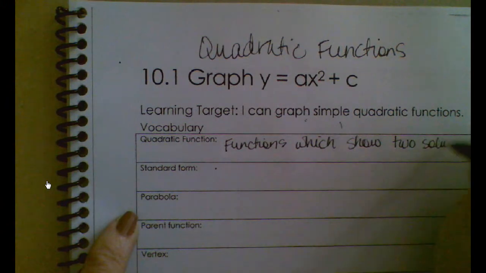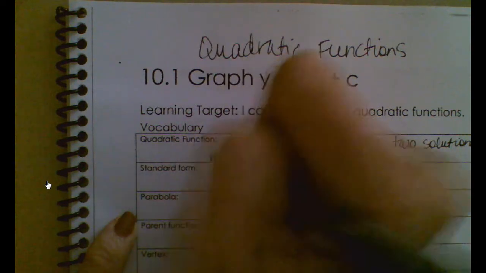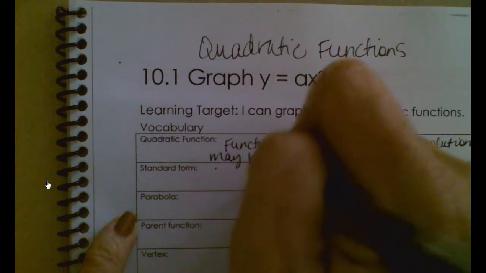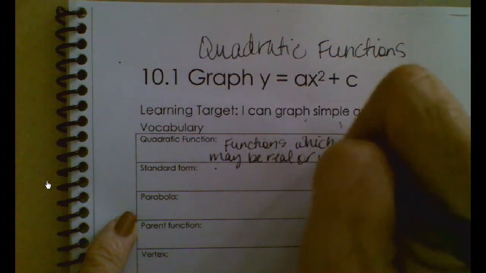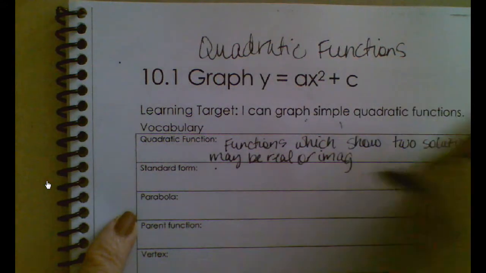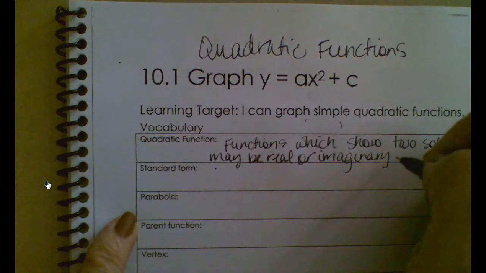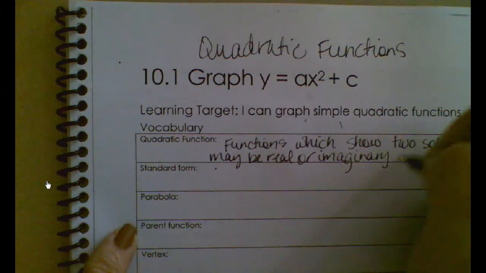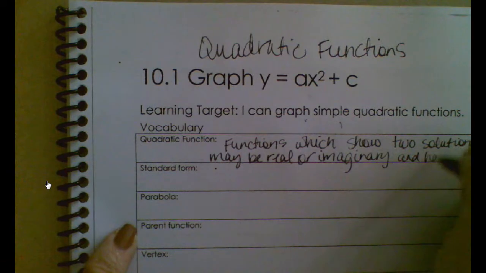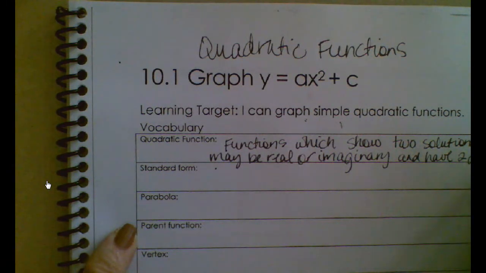Once in a while there will be one. And they may be real or imaginary. We'll talk about imaginary solutions later. And they have two changes of direction when we look at the graph.